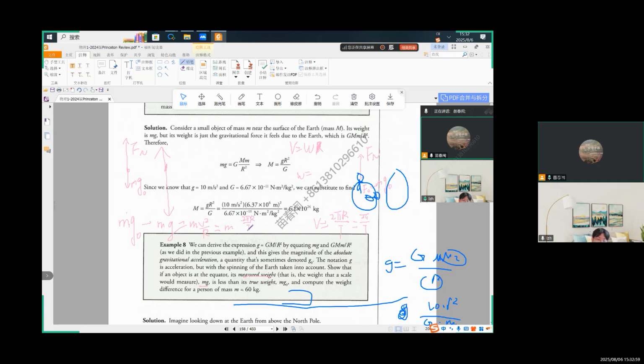Because T is 24 hours, the period. Then that squared over r. Does that make sense? I think in this big equation, everything is there.